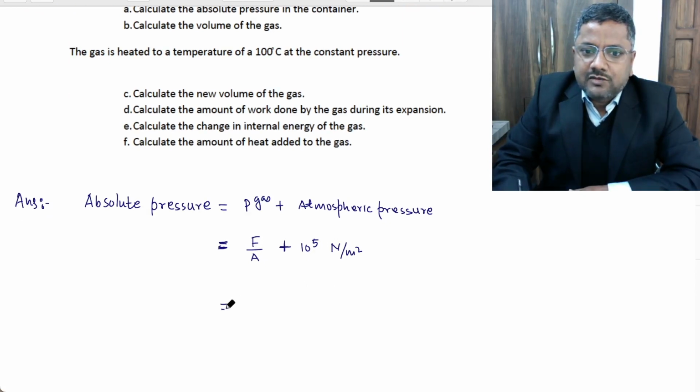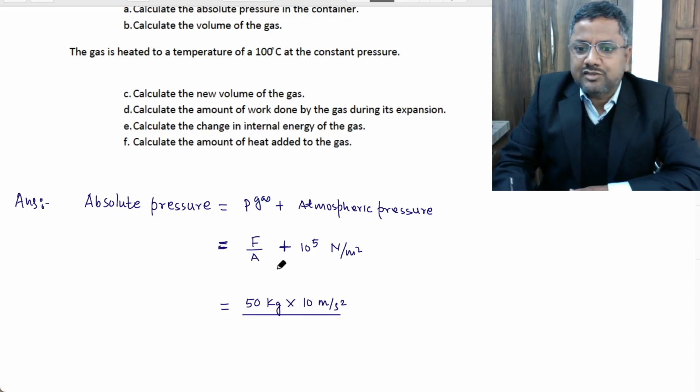So F is equal to mg, that is given 50 kilogram. G you can take 10 meter per second square, divided by area of the piston.